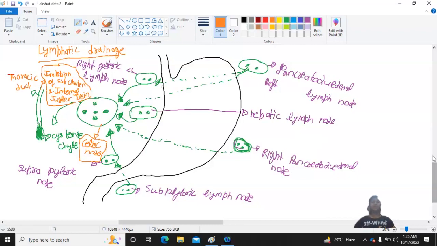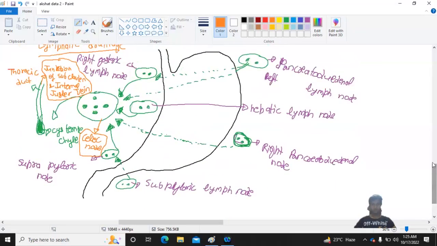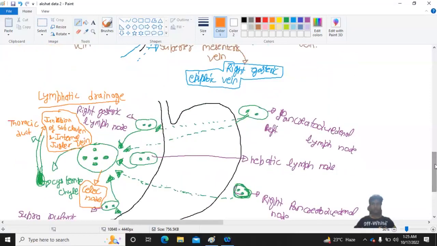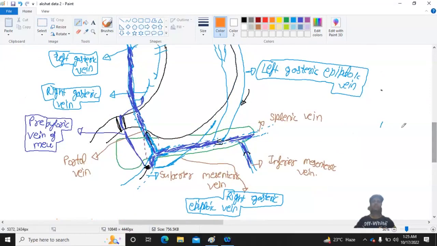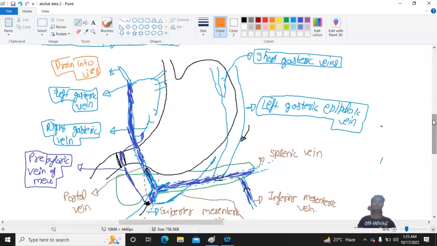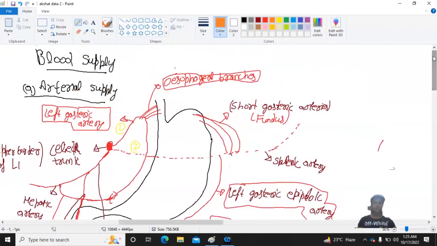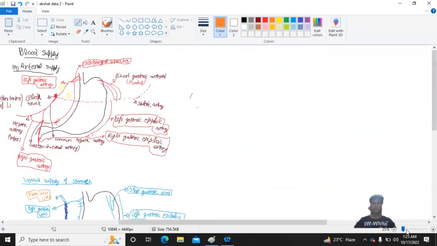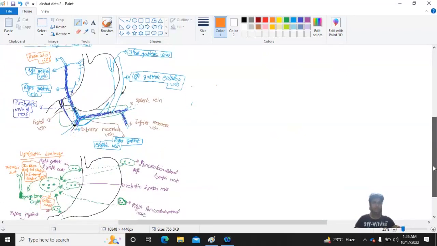Then we come to the nerve supply of the stomach. These are the three things: arterial supply, venous drainage, and lymphatic drainage. Arterial supply we have covered. This is the whole thing we have covered: arterial supply, venous drainage, and then lymphatic drainage.